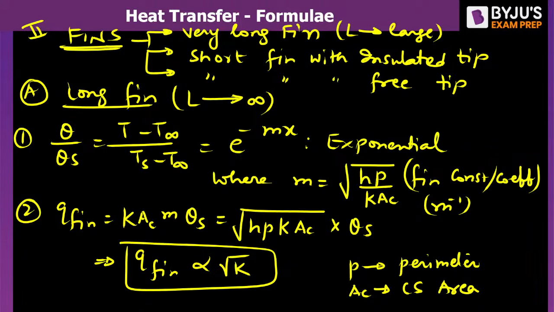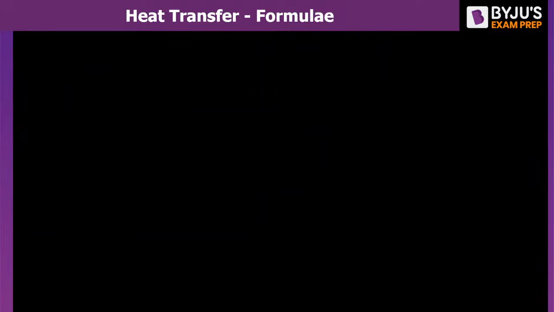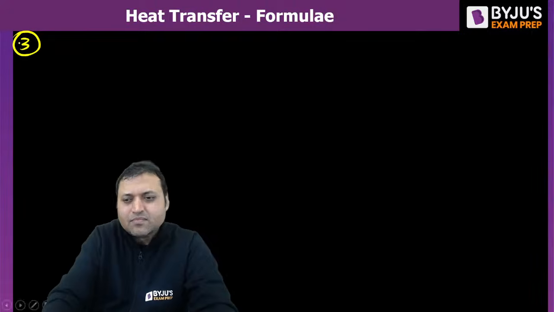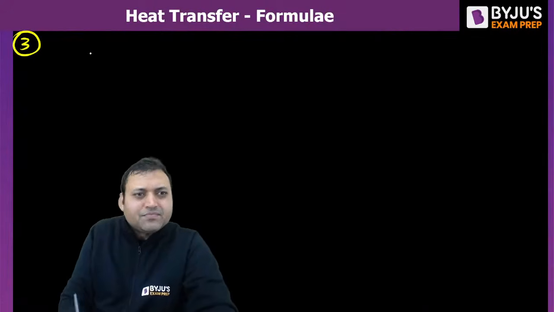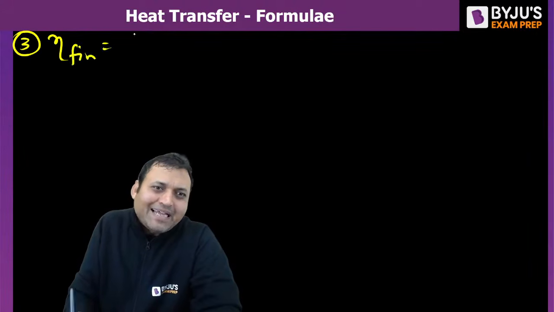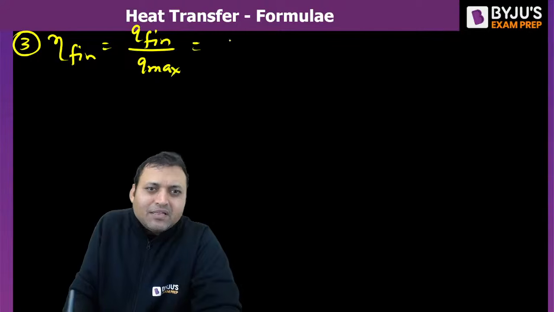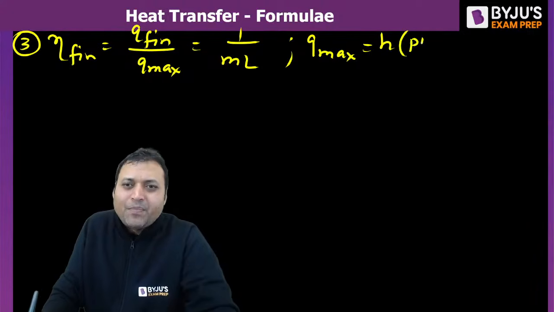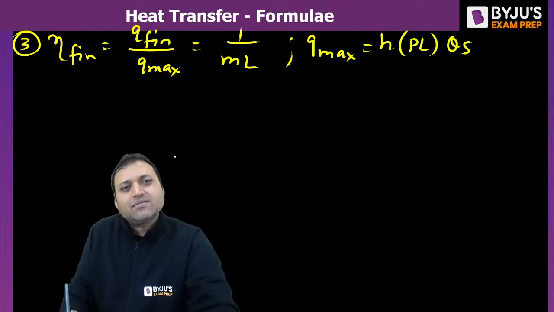Then we define the fin efficiency. Fin efficiency is equal to Q fin upon Q maximum. That will be given by 1 upon mL, because Q maximum is equal to h P L theta s.